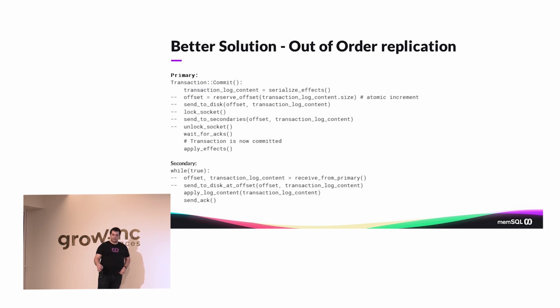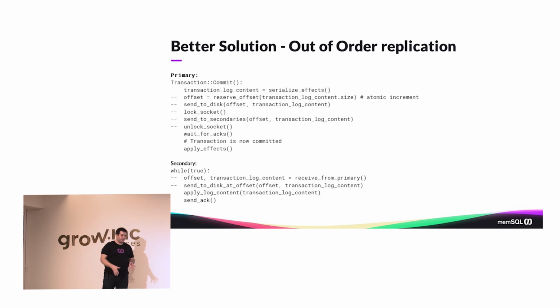That is true. You're not necessarily applying things in the same order as in your primary, but they are going to be commutative, because you can have dependencies on a transaction that is going to commit by another transaction.